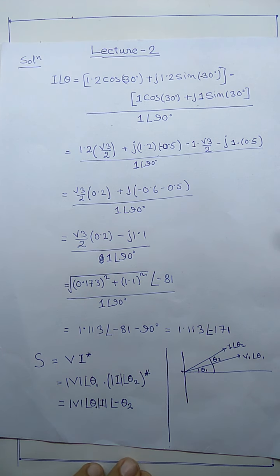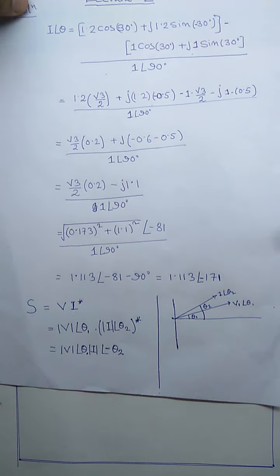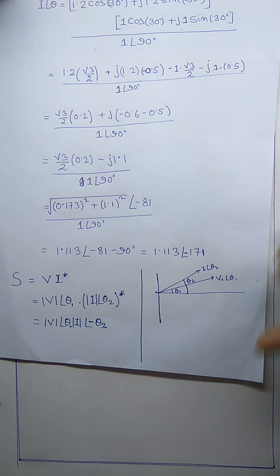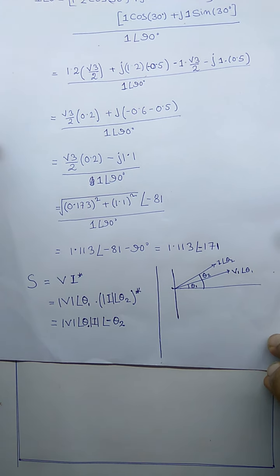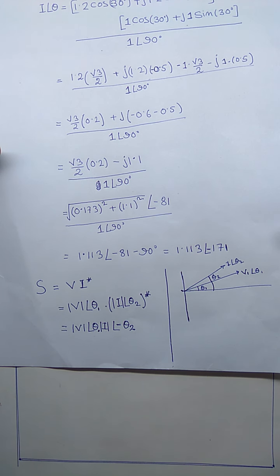So when we find power, what we can easily remember is for active power, P is equal to V into I into cos of theta. Now what is this theta?